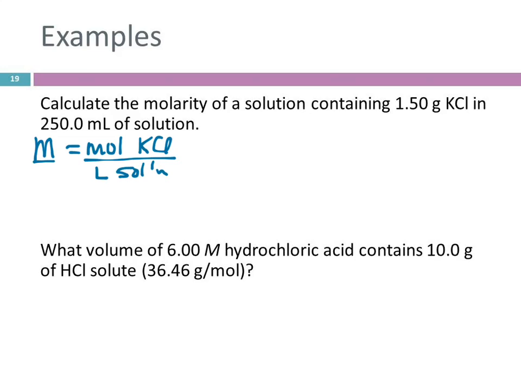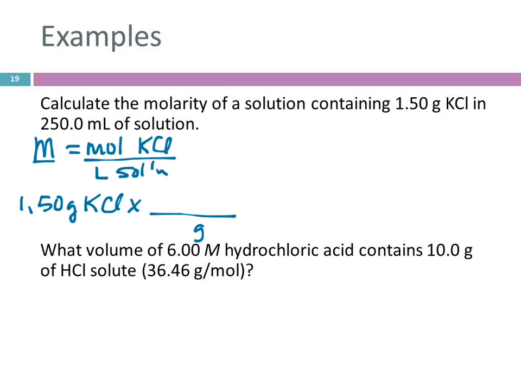Did they hand us either of those? No. They gave us grams of solute and milliliters of solution. So we're going to have to do some converting here. We need to take this 1.5 grams and convert to moles. That should be pretty straightforward for you by now. This is an essential chemistry skill, grams and mole conversions.